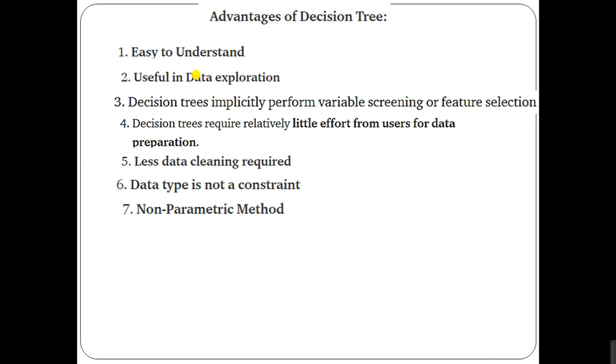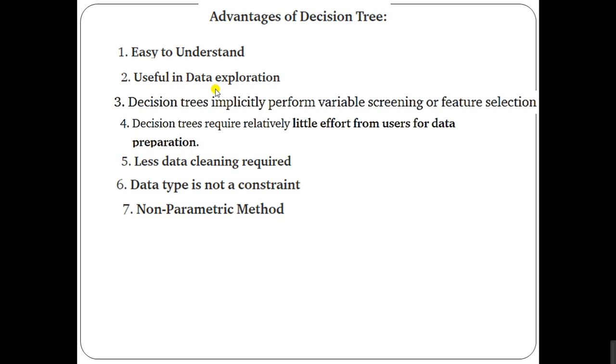The second advantage is that it is useful in data exploration. That means a decision tree is one of the fastest ways to identify the most significant variables and the relation between two or more variables. With the help of decision trees, we can create new variables or features that have better power to predict the target variable.